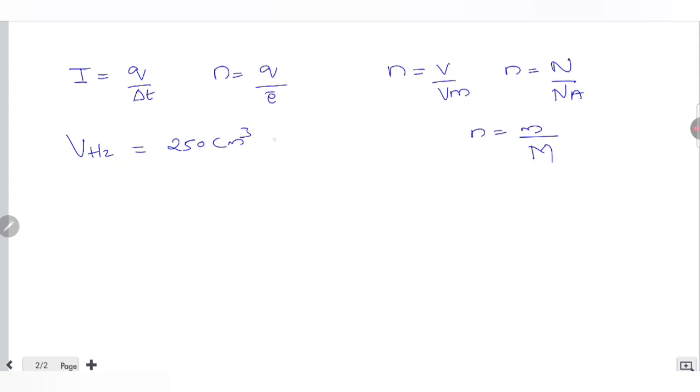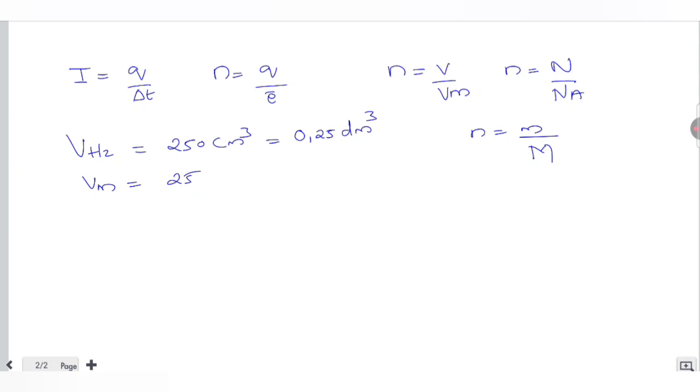If cm cube, you change it to dm cube, 0.25 dm cube. And they also say that the molar volume, Vm, will be given, which is let's say 25. I'm just giving an example, okay, or 24 whatsoever, right? So we need to calculate the number of electrons produced, for example, if that is the case.